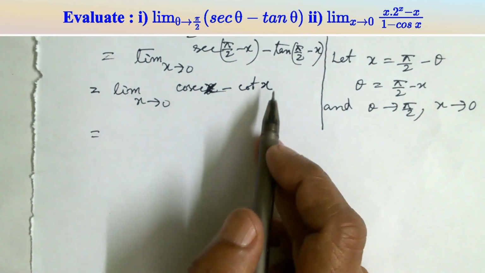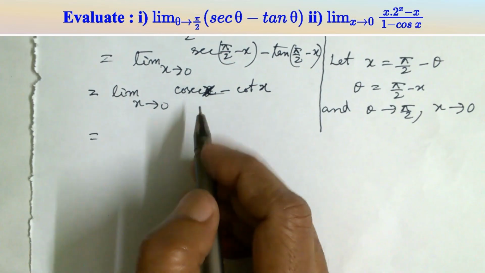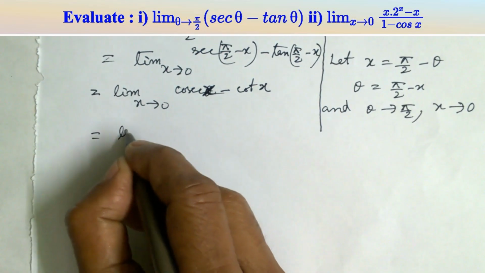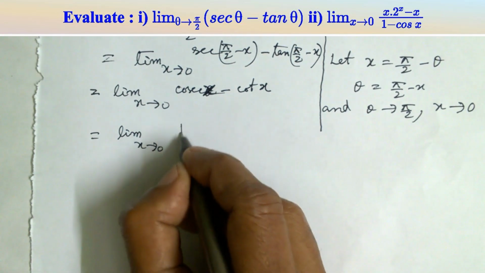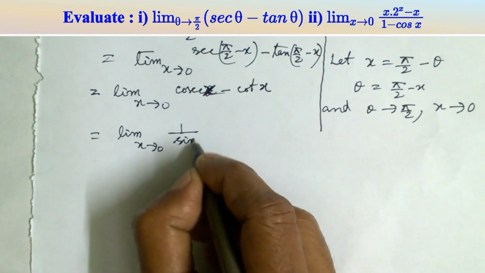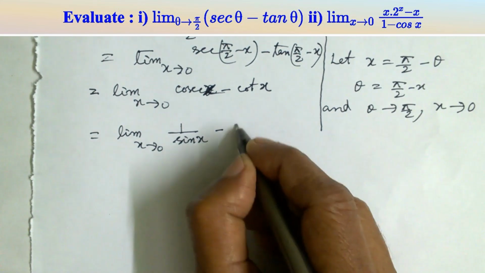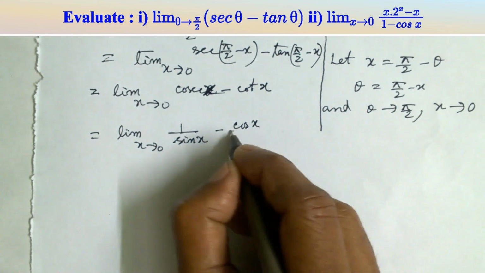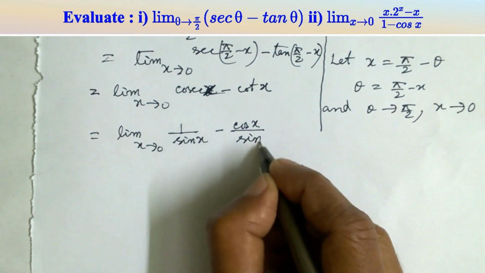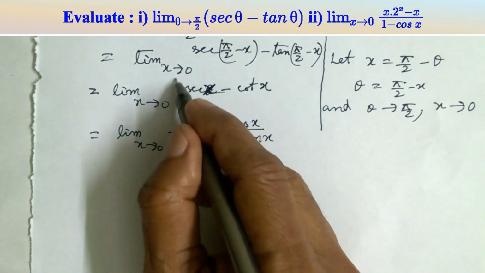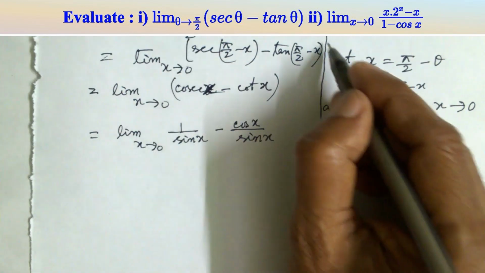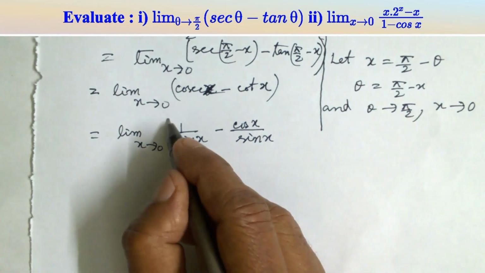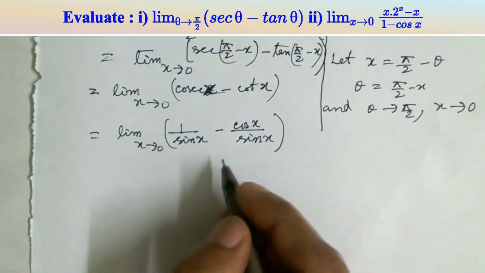Cosec 0 is undefined, cot 0 is undefined. Now use trigonometric formulas. Cosec is 1 by sin x, cot is cos x by sin x. We should give brackets here to understand better. Here also one bracket.